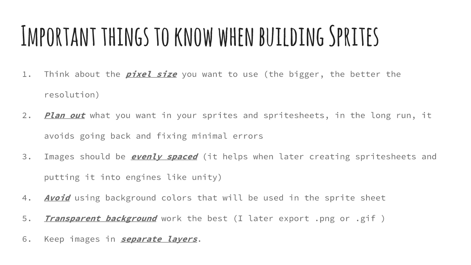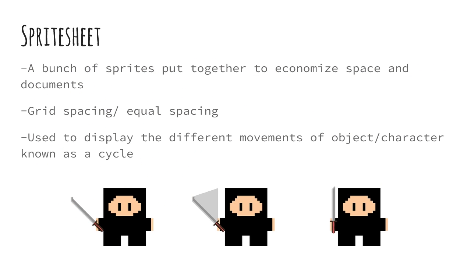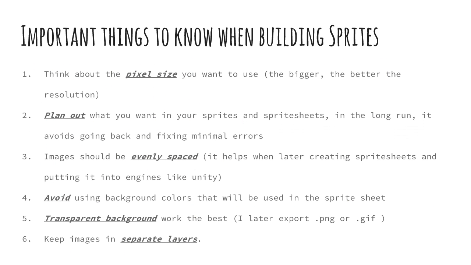When we're creating these, we want to create them in an evenly spaced area. Imagine these are all 400 by 400 pixels. There's a square that surrounds each image, and that is my grid. So I created a grid so they're evenly spaced, and this helps with the process in some software where we're creating our games, like Unity.